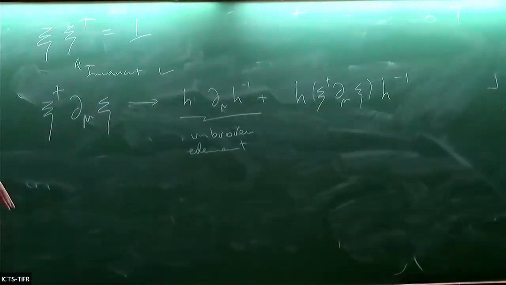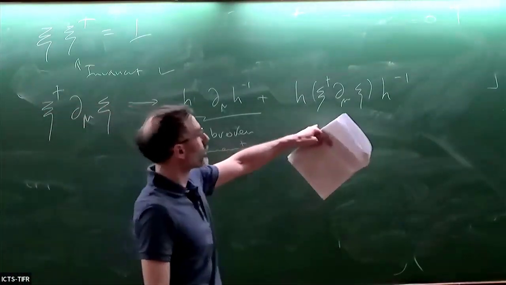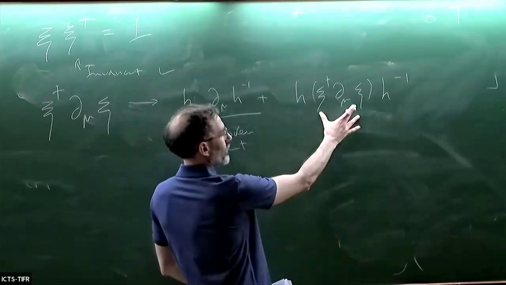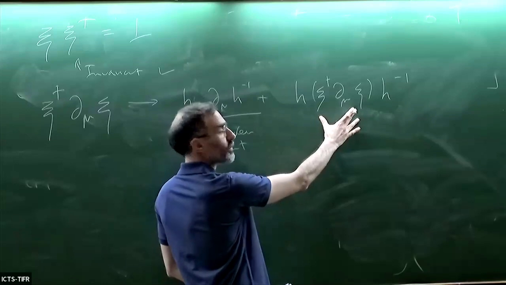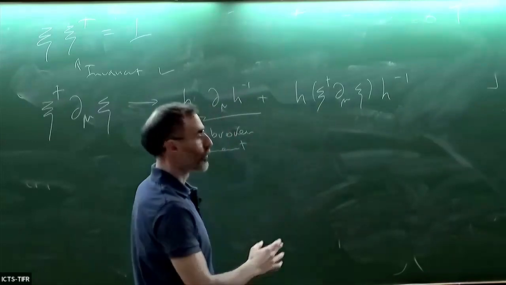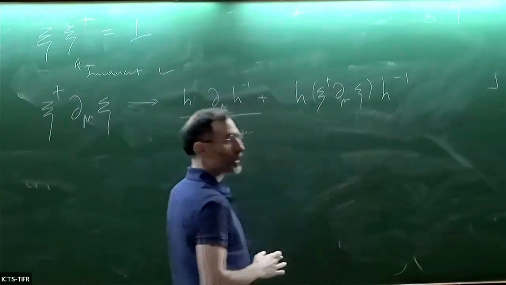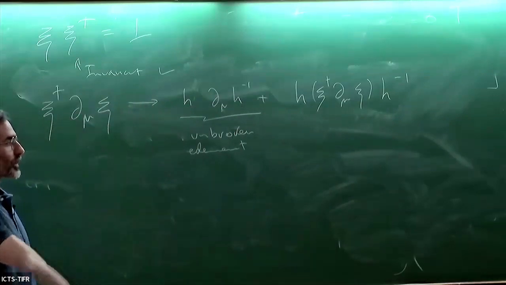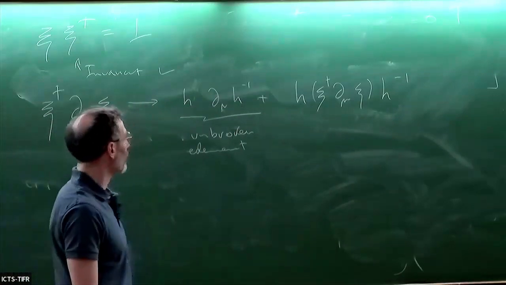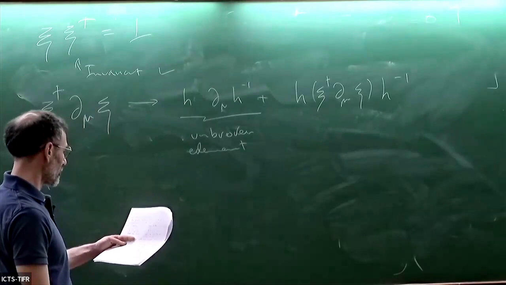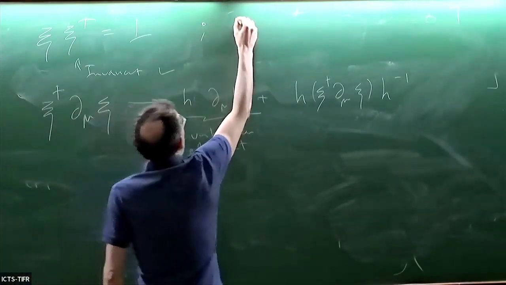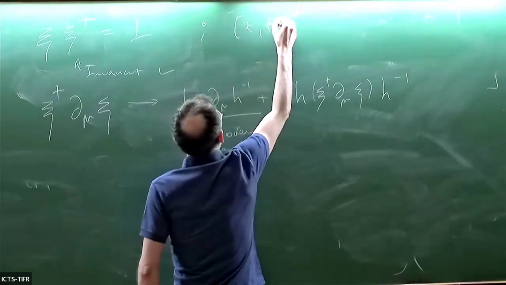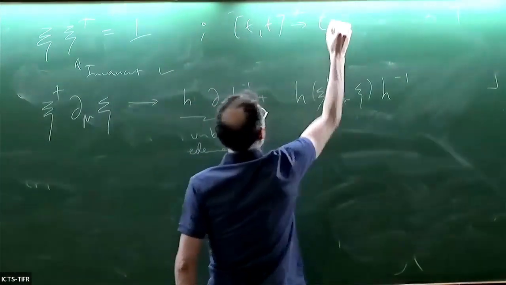I'll give you a bit more justification in a minute. Well, it's this other one. So inside of it, it will be the broken part of the group, psi times psi, but we also have H and H minus 1 in there. But because of the commutation rules of the group, which I haven't given you, let me put them here. We have that T commuting with T goes to T, of course.